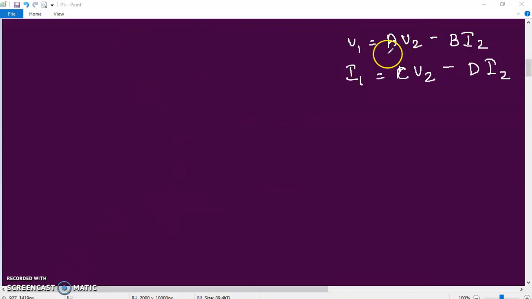Now we can see what the different parameters A, B, C and D are. For that we can consider two cases. Case 1: we make I2 0 and get A and C. In case 2, we make V2 0 and get B and D. So first of all we make I2 0.